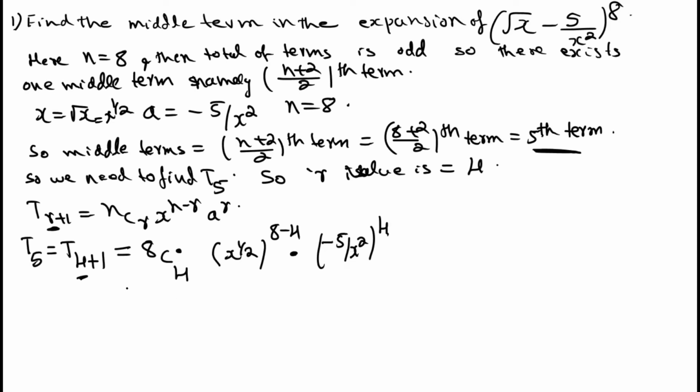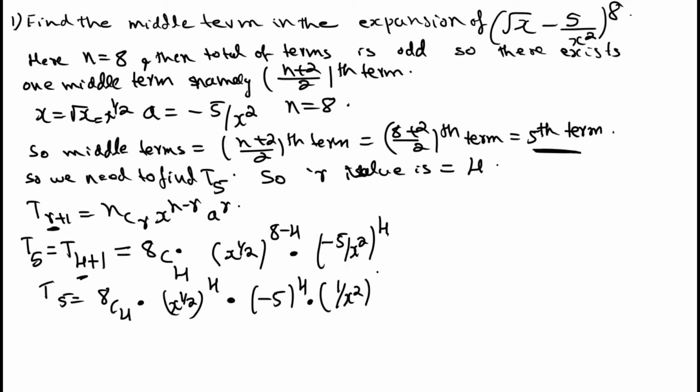Okay, in the next step, T5 is equal to 8C4 into x to the power 1 by 2 to the power of 8 minus 4, which is 4, into minus 5 to the power 4 into 1 by x square to the power 4. This is equal to 8C4 into, see, 4 by 2, 1 by 2 into 4 is 4 by 2.